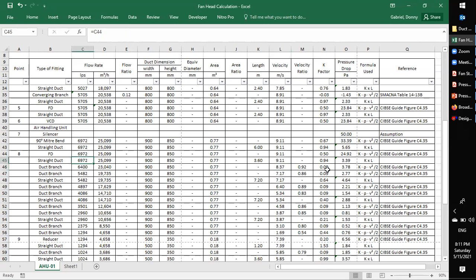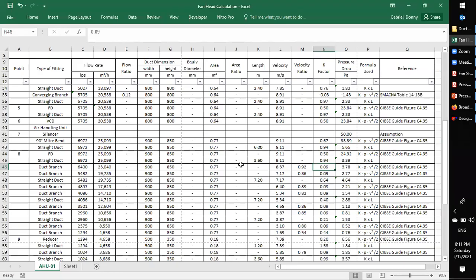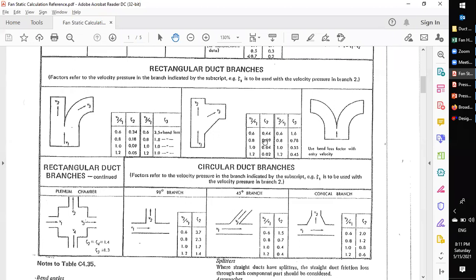Duct branch... oh, no, this is supposed to be, oh yeah, 0.8 because it's 0.92. 0.92 here, between 0.8 and this one, so we take the higher amount, 0.09. There.